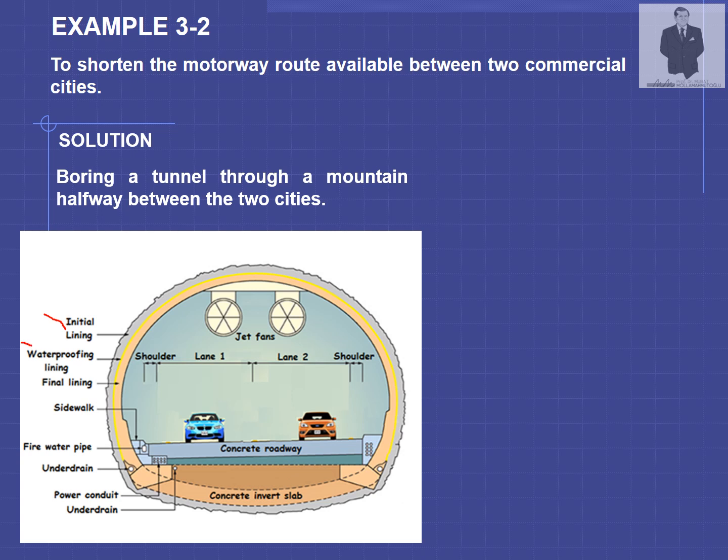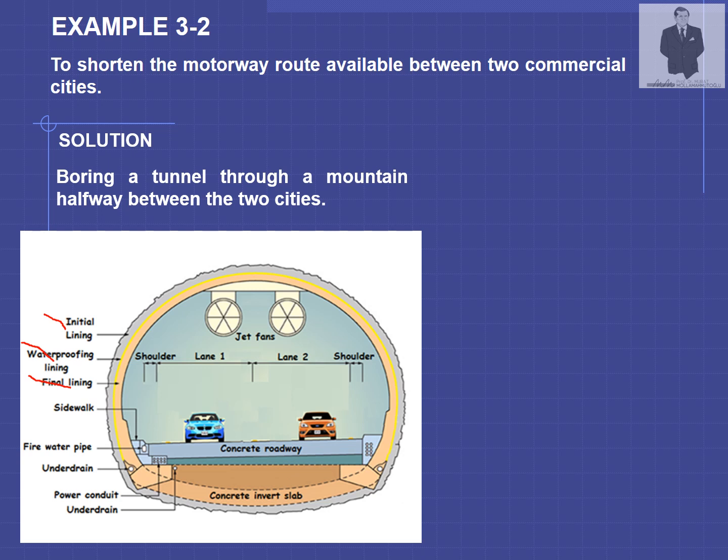Another lining is waterproofing lining. Now, this is a sort of watertight membrane. It prevents the infiltration of groundwater into the tunnel, and it is located between the initial lining and the final lining. Now, the final lining is reinforced concrete.